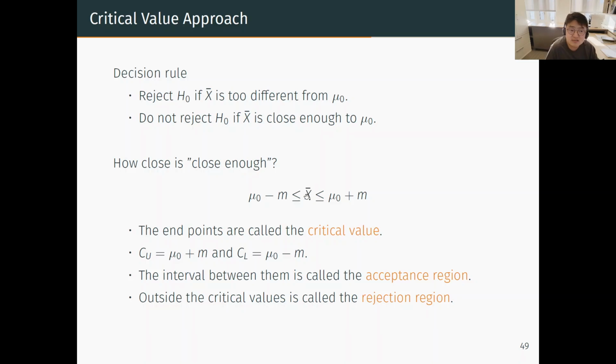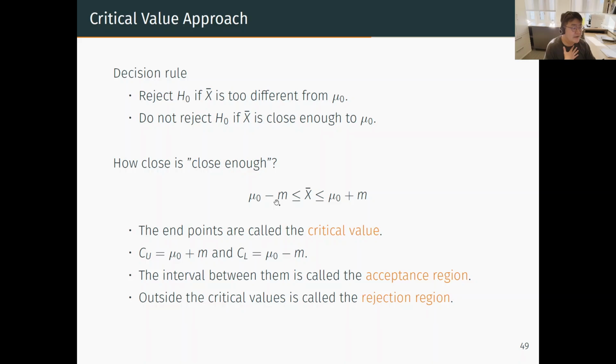So if X bar, the sample average, is in between your hypothesis minus M and your hypothesis plus M, then we consider it close enough. So the sample average must be around mu 0 plus or minus M, the margin M. I'm going to call these two critical values the upper critical value and the lower critical value.